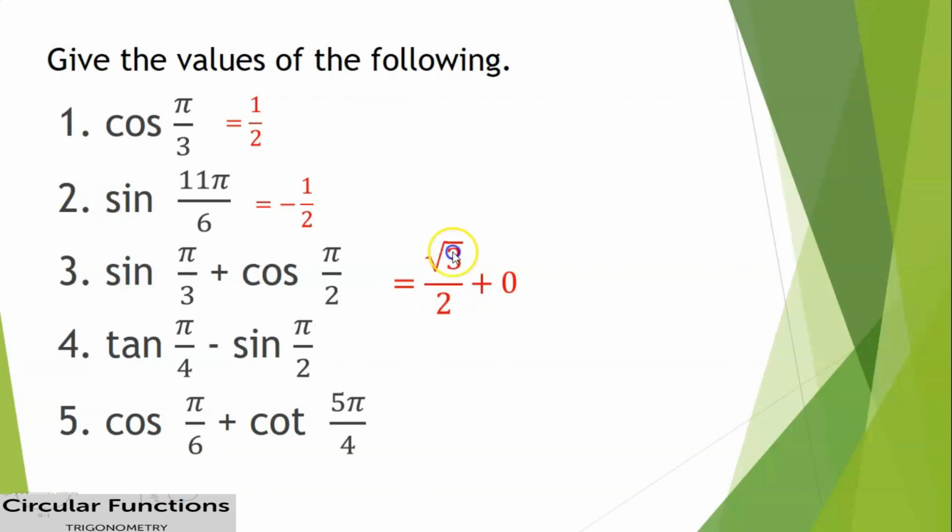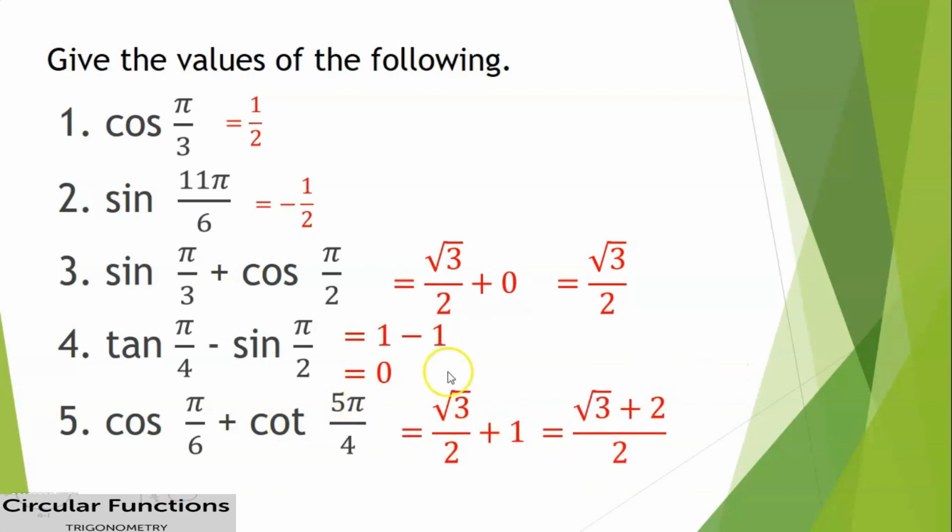The result here is square root of 3 over 2 plus 0, or simply square root of 3 over 2. Next, number 4, tangent pi over 4, which is 1, minus sine pi over 2, which is also 1, so the result is 0. Next, number 5, cosine pi over 6 is square root of 3 over 2, and cotangent 5 pi over 4 is 1. So the result here is square root of 3 plus 2 over 2.